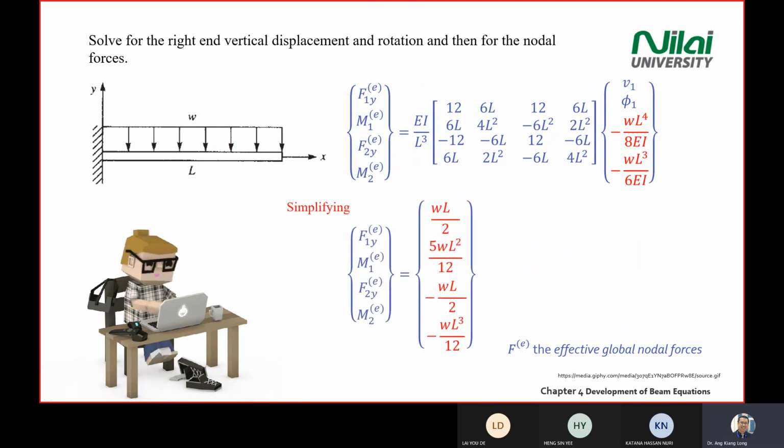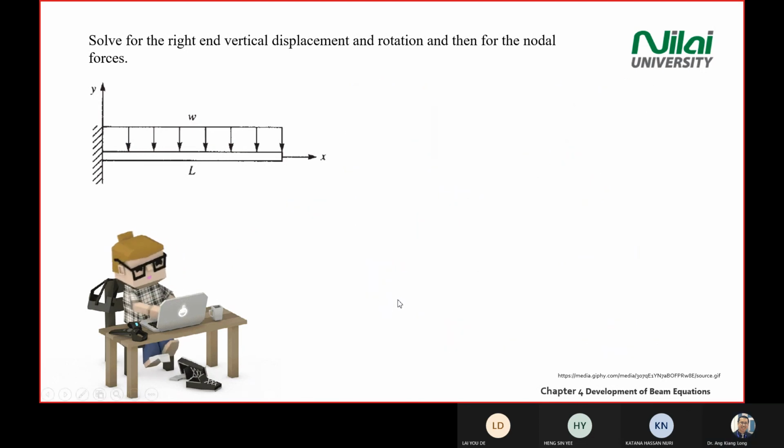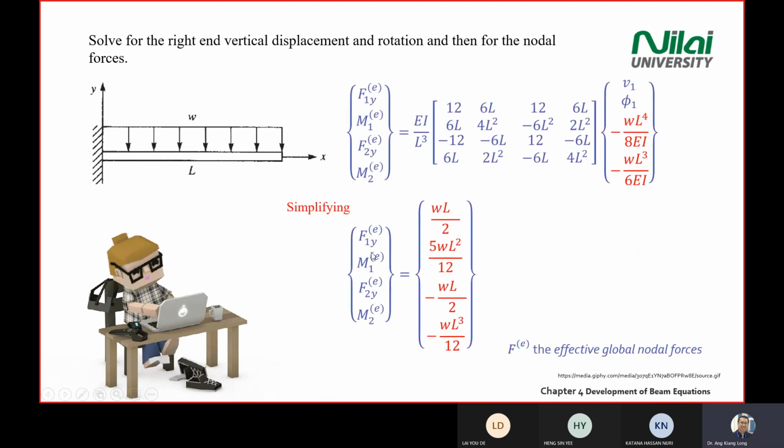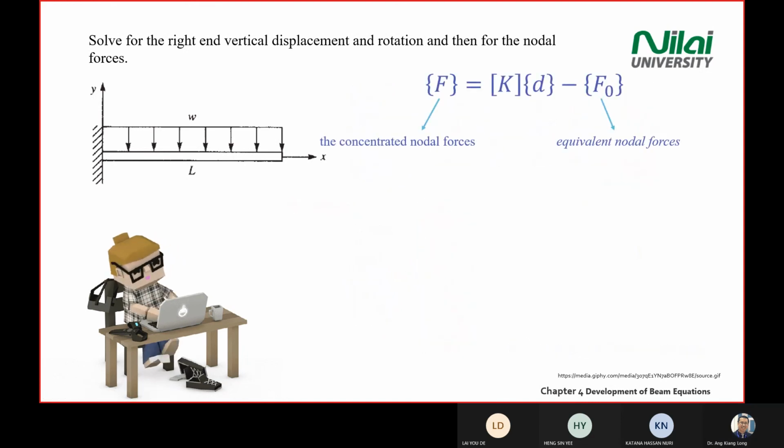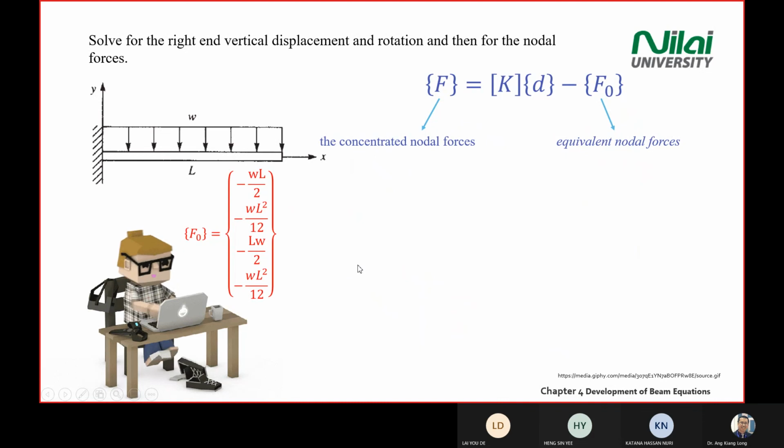You have all these terms. The rest is mathematical steps. So you go and solve it, you'll get something like this on the screen. You get the original beam analysis equation, capital F equal to KD minus F0.